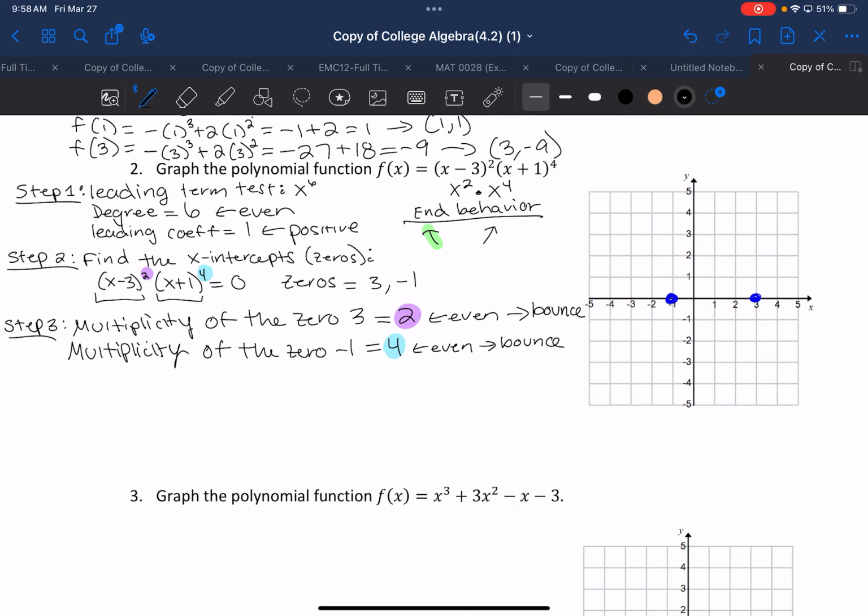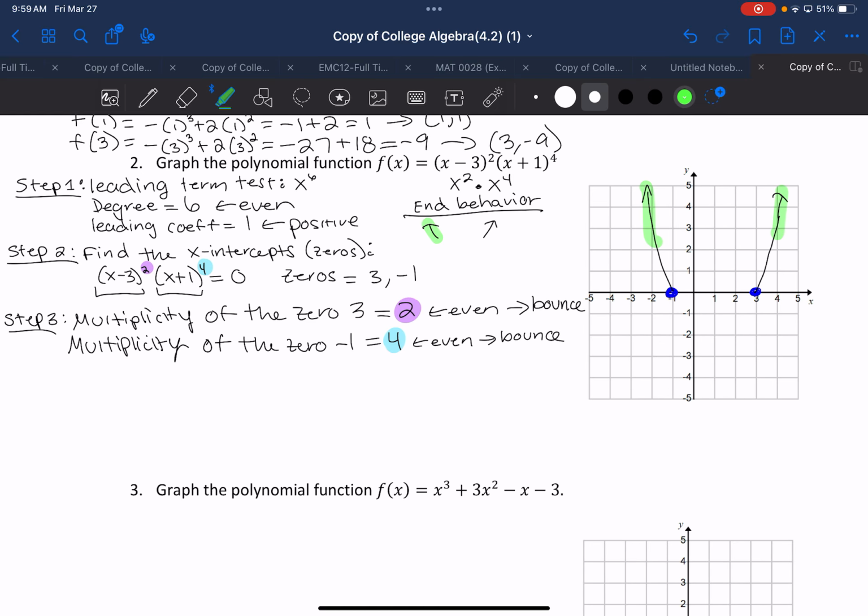So I know from this very left x-intercept, it'll be pointing up. And again, this is just a rough sketch. I'm going to find a couple additional points to make it more accurate. And then on the right side of the last x-intercept, I know that one will be coming from there and pointing up as well. Okay, so that's based on my end behavior.